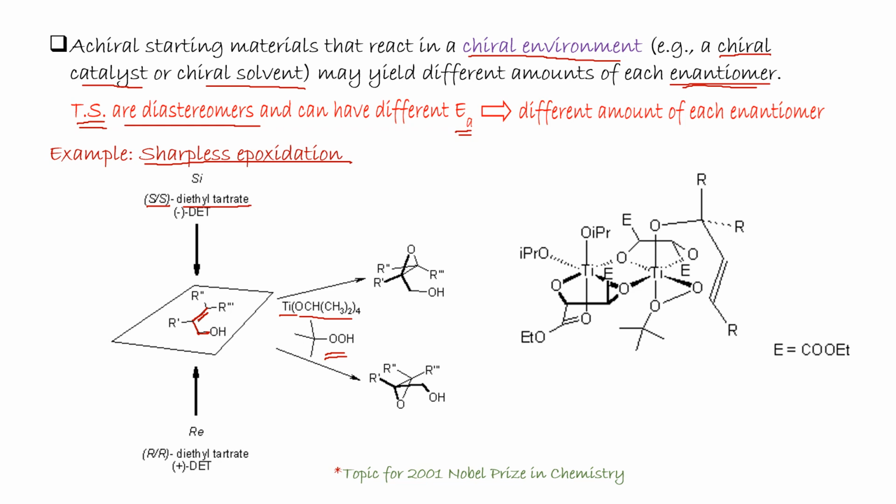When he did this mixture, he gets the epoxide from the upper face in enantiomeric excess. When he used the allyl alcohol with titanium alkoxide and tertiary butyl hydroperoxide, but in this case he used the other enantiomer of diethyl tartrate, he got the other enantiomer from the bottom.